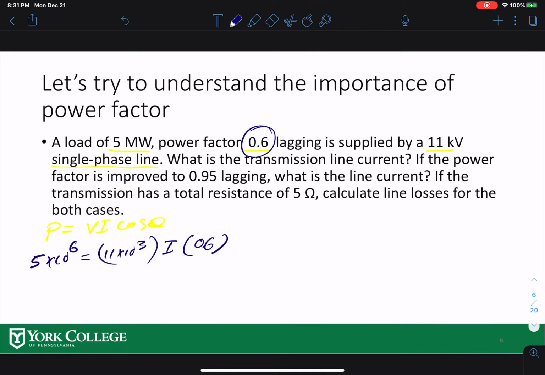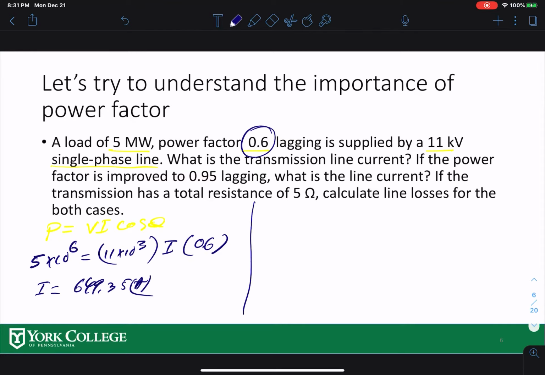If I do the math, you can do the calculation with a simple calculator. I can see that my current is 649.35 amps, right?